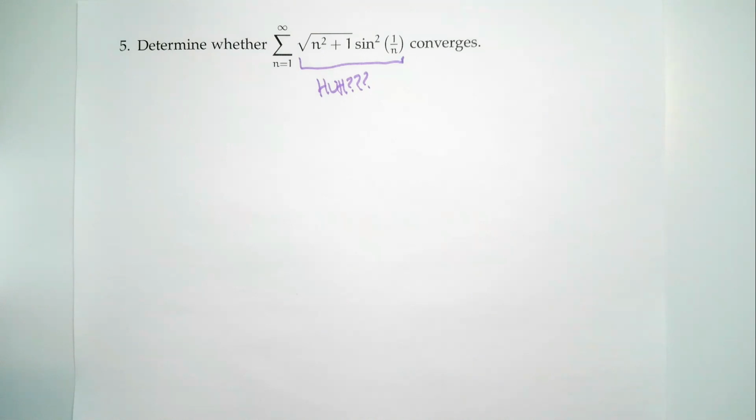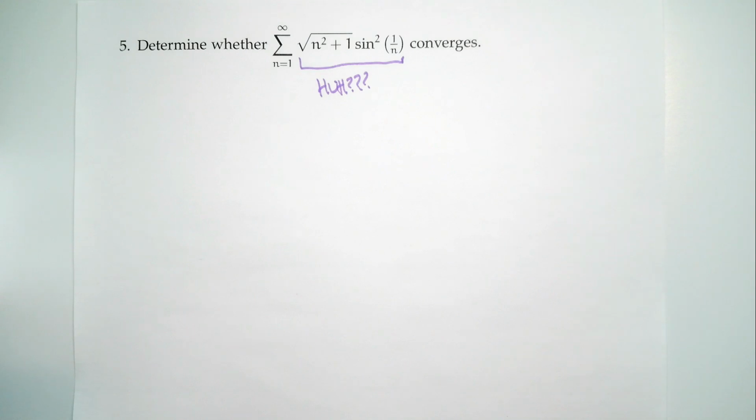Okay, so let's pause for a second and think about what's happening here. Our philosophy, when we're looking at whether things converge or diverge, often boils down to asking a very basic question. What can we say about how things are growing? And if we can understand how things grow, then we're okay.